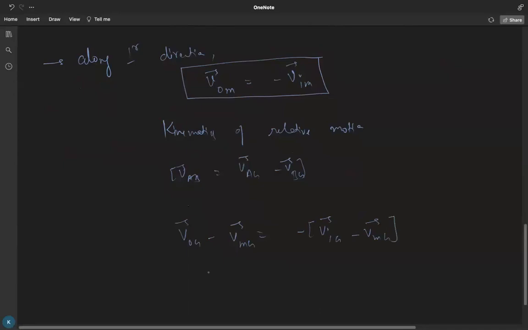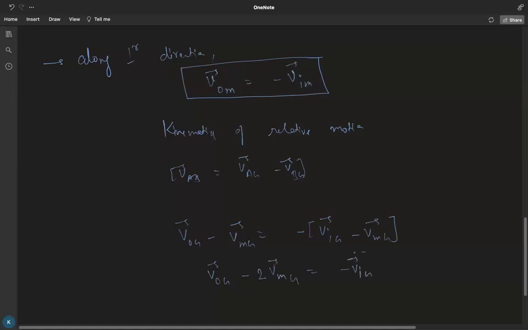So what do we get from here? We get the velocity of the object, and minus 2 times the velocity of the mirror with respect to ground, equal to minus the velocity of the image with respect to ground. Or you can say the velocity of the object with respect to ground plus 2 times the velocity of the mirror with respect to ground is equal to the velocity of the image with respect to ground.